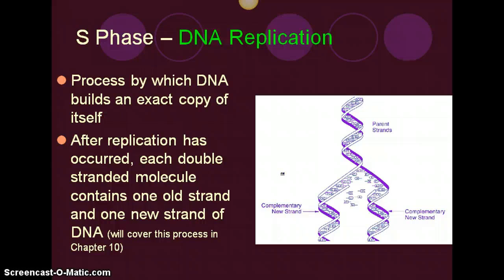The whole process we will get to in chapter 10. You can see a picture over here. We had our parent strands, which was the DNA in the original cell, and then they split and add a complementary new strand on each side, and of each of those DNA molecules, one will stay in the original cell, and one will go to the new cell.